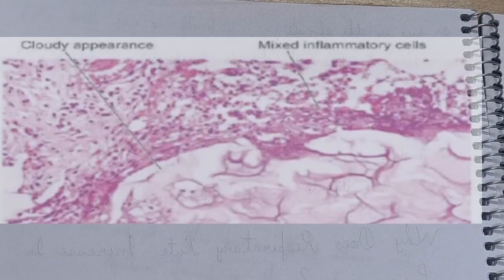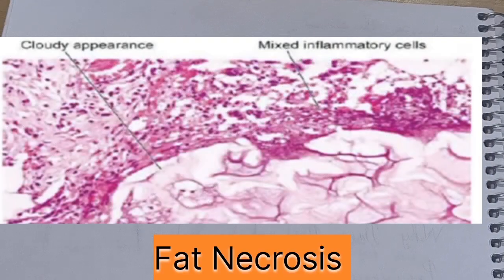Now, friends, I'm going to discuss fat necrosis. For fat necrosis, please see this diagram. Here you can see the label as cloudy appearance, and also the inflammatory cells.